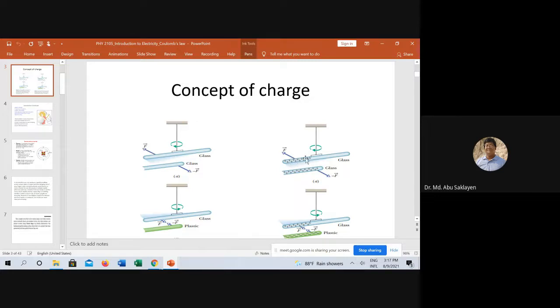Do you think the positive charge is created here, or is it negative charge? What do you think? No, no charge is created. It is only transferred from one object to another object.